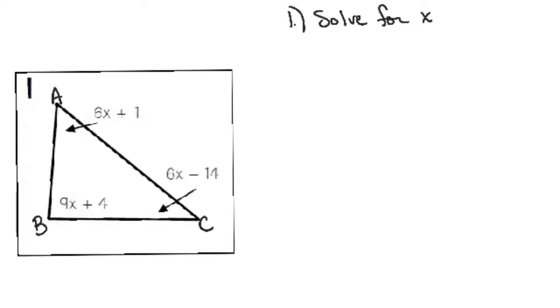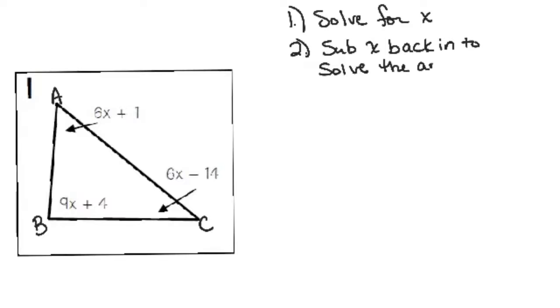The second thing we'll need to do is substitute back in for x. Sub the x value back in and solve the angle measure. And you'll see what that means in just a moment.